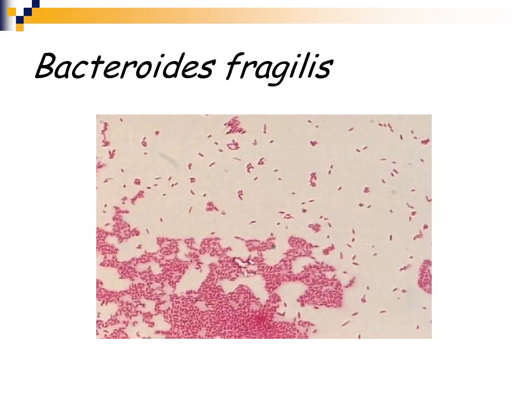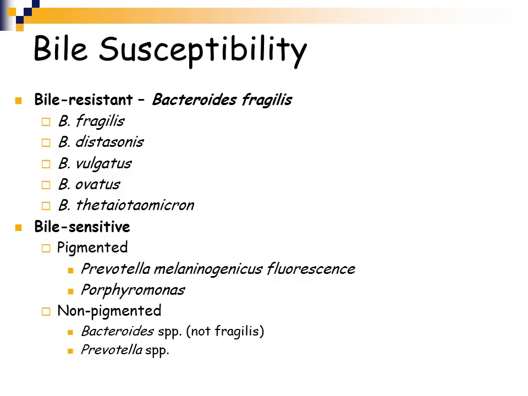Again, a gram stain of Bacteroides fragilis. This is a small coccobacillus to short rod. Now, in addition to being highly resistant to antibiotics, Bacteroides fragilis is resistant to bile.